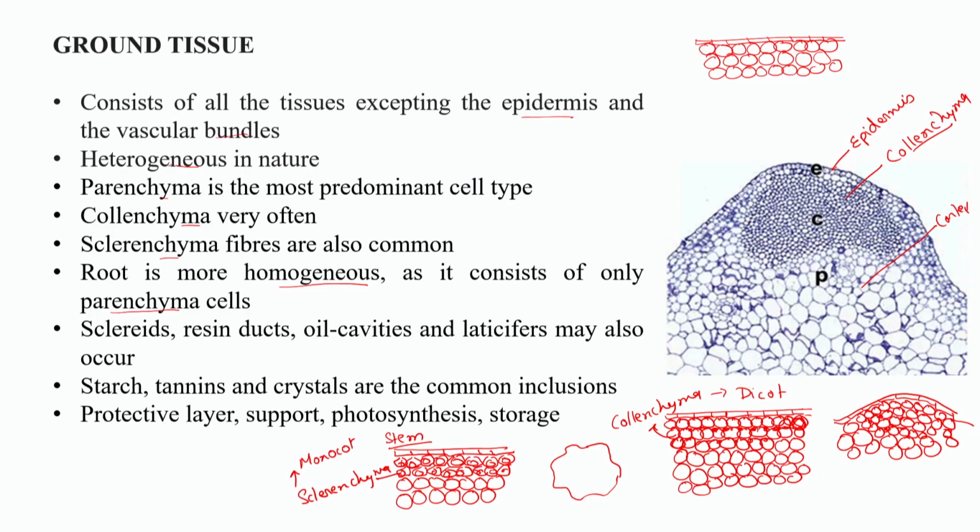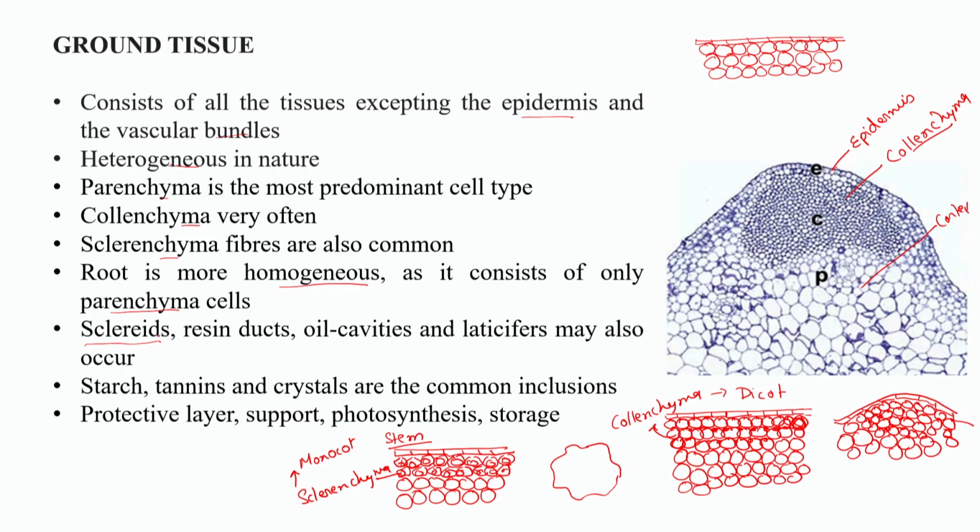Now, along with parenchyma, collenchyma and sclerenchyma fibers, many other cell types could also be there. Sclereids, they are also sclerenchyma, but they are not fiber-like. They have various shapes that we have already discussed. So in ground tissue you can also have sclereids.